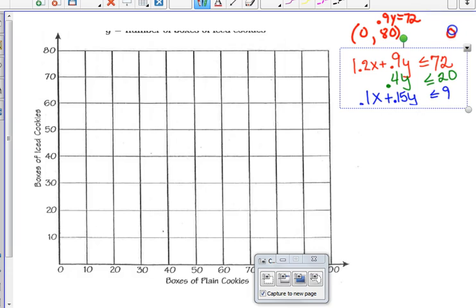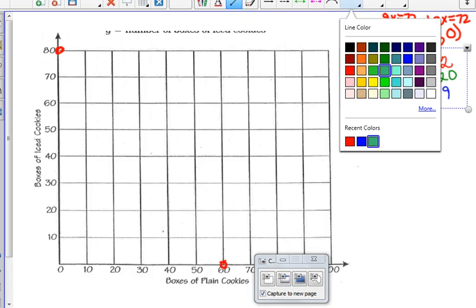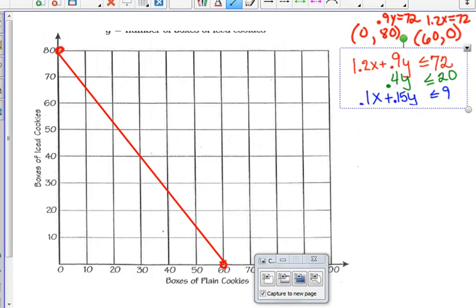If I put the 0 in for the Y, it will say 1.2X equals 72, and Basma's right, you get 60. So I have (0, 80) way up at the top, and (60, 0), and with the magic of technology, I can draw a straight line. Boom. And it's less than that.